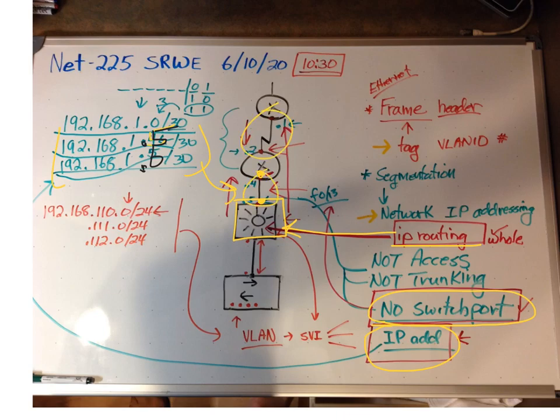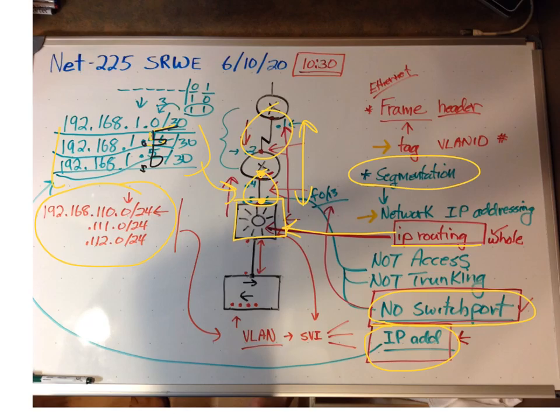So our next goal was to get some type of connectivity between these devices. The whole idea here is segmenting the network into separate networks for the VLANs, and the students figured out what they were going to use as addressing for their VLANs.